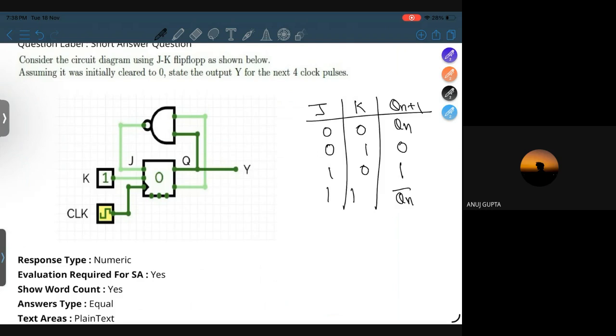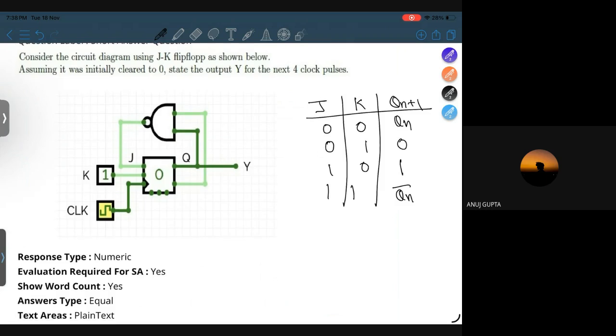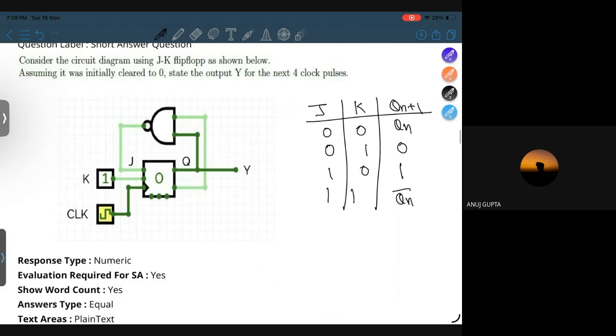What next for pulses? So for the first time, when the clock is triggered, K is 0, initial Q is 0, so your J is equal to Q into Q naught complement, right?